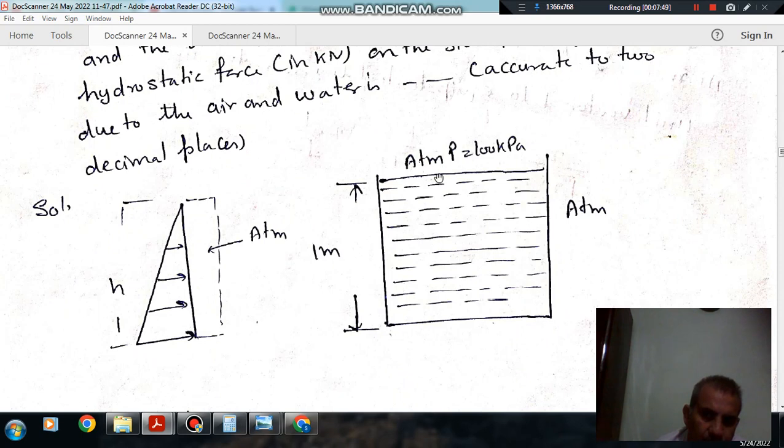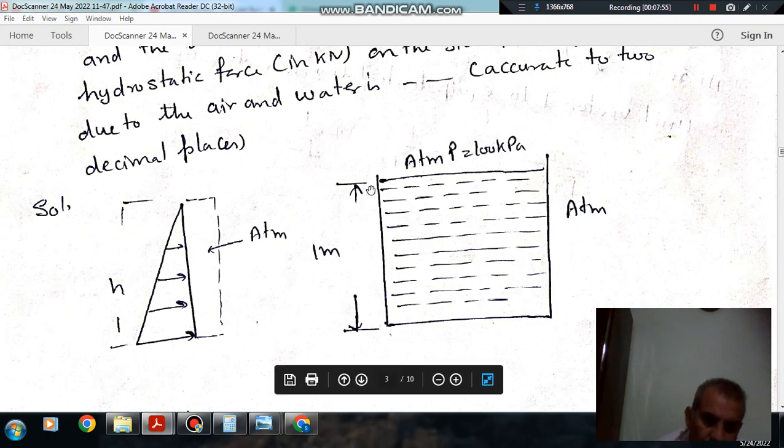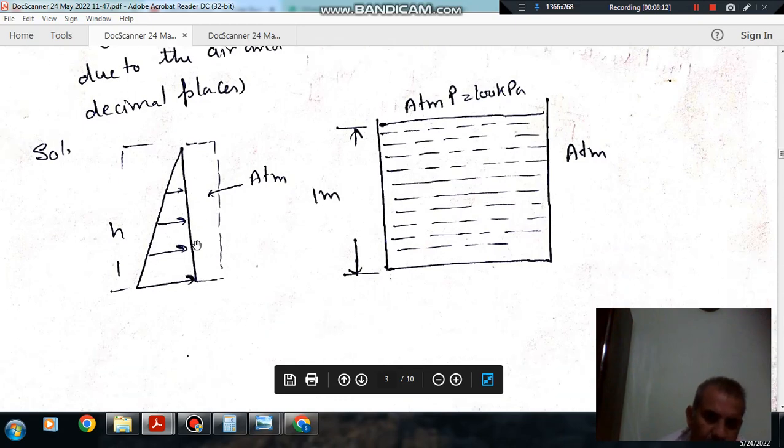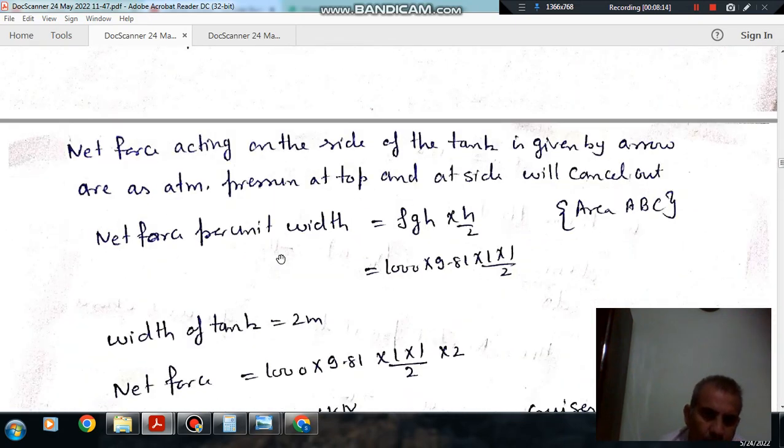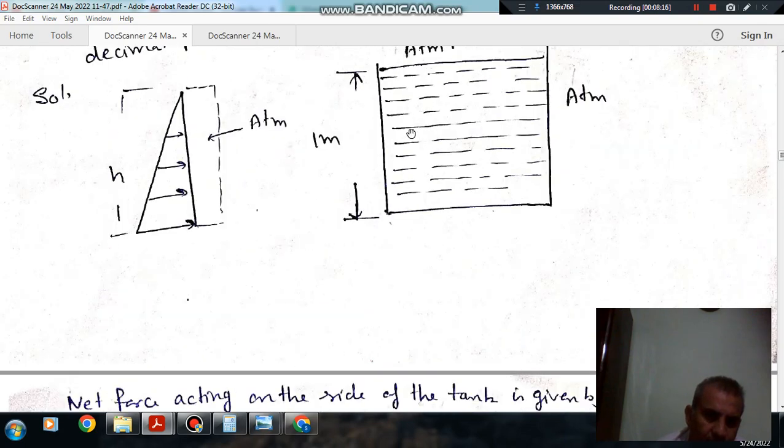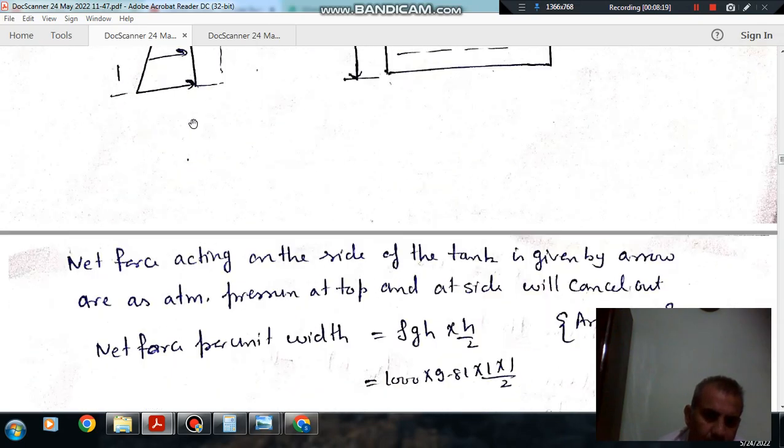So this is your tank, and here there is atmospheric pressure, and here also there is atmospheric pressure. So the pressure varies from this place to this depth in a linear fashion. Here the pressure is atmospheric, and here the pressure will be rho gh. Atmospheric pressure will cancel out, so the change in pressure will be this pressure. So the net force acting on the side of the wall is pressure times area of the wall.